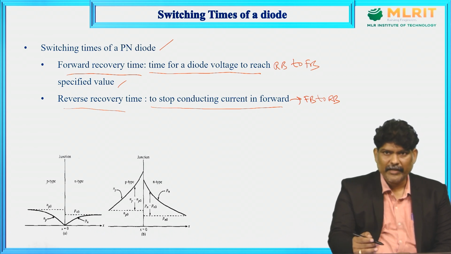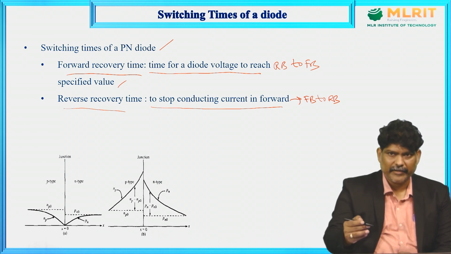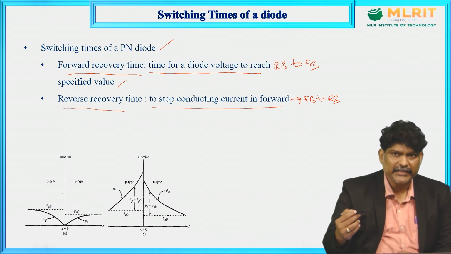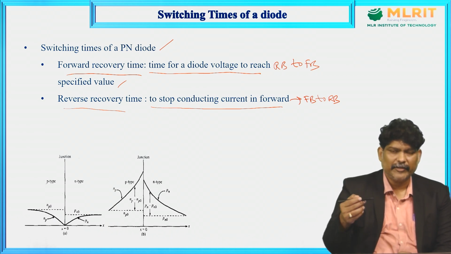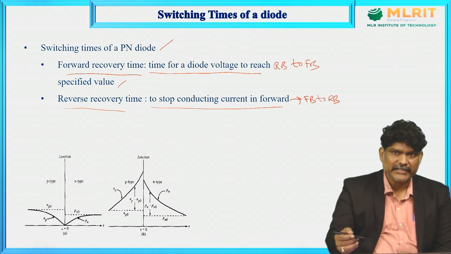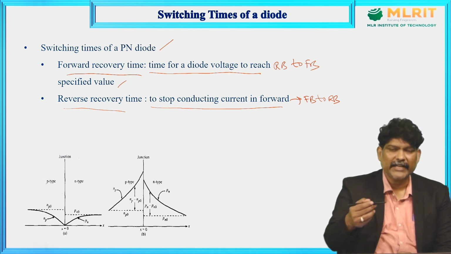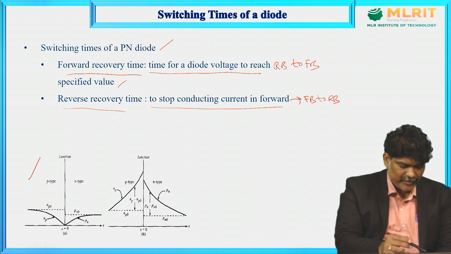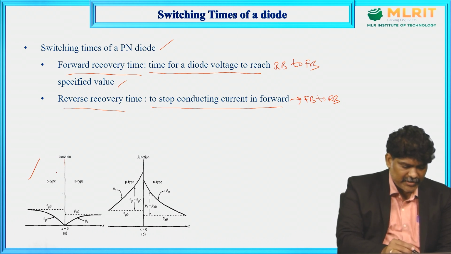Whenever you change that state from forward bias to reverse bias, it cannot change its state immediately. It will take some time. So why? If you observe this figure, see here the carrier concept. This is the junction, and this is p-type material and n-type material, and here this is the equilibrium condition.